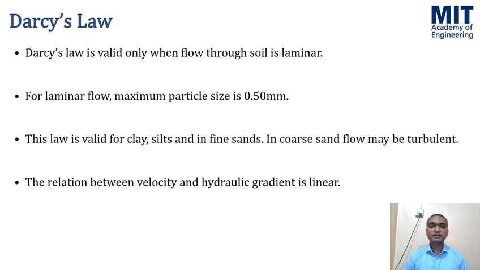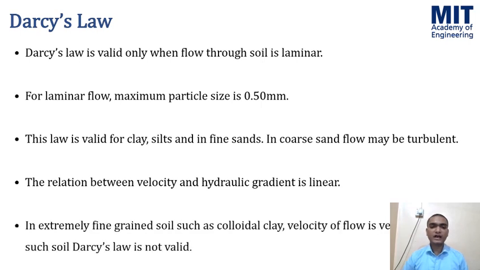The relation between the velocity and hydraulic gradient is assumed to be linear here. And the last point is that extremely fine-grained soil such as colloidal clay, whose velocity is very slow, is not considered valid for Darcy's law.